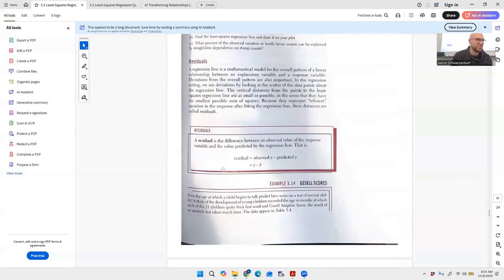Do you guys know what residuals are? Distance from the line. That's each individual distance from the regression line.